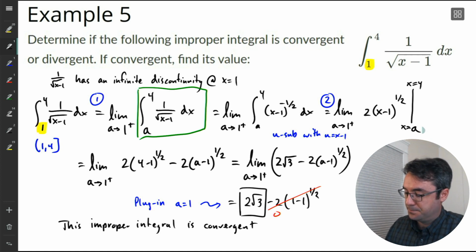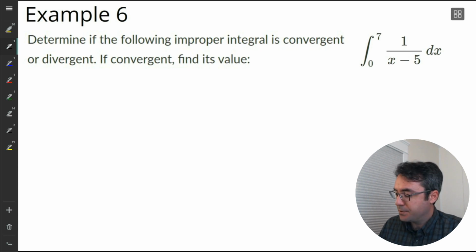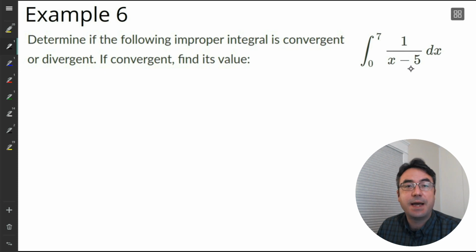So in example 6, we're going to look at the integral from 0 to 7 of 1 over x minus 5. Now, at this point, for any integral that we see, we need to check if it's undefined, if it's discontinuous anywhere.